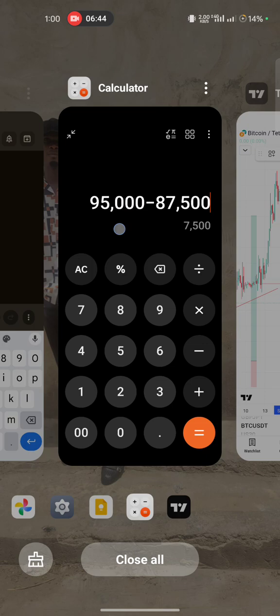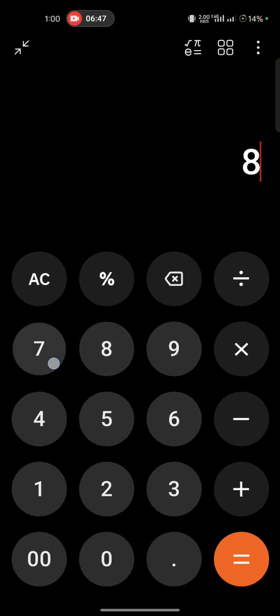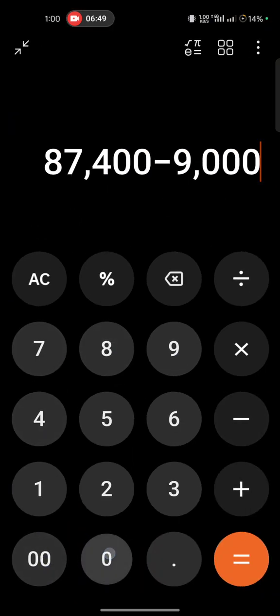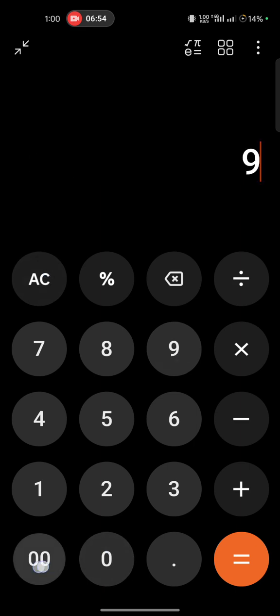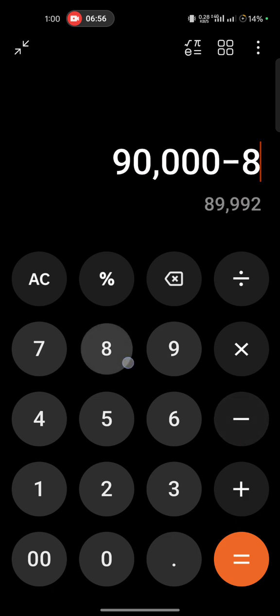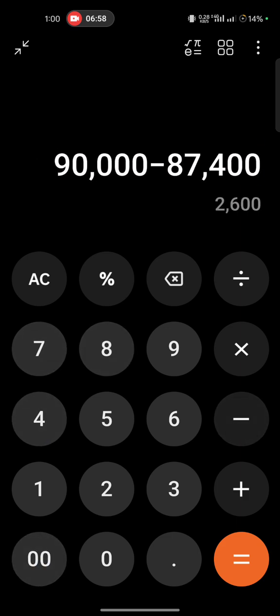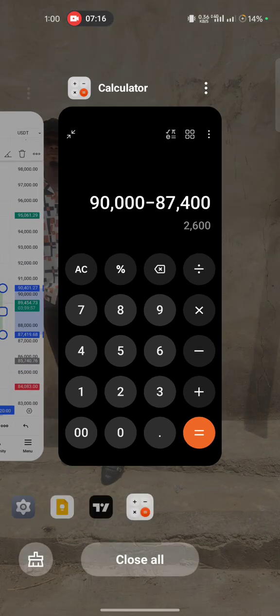So 90,000 minus 87,400 is 2,600. The market pumped 2,600. So if we remove a zero at the back of that 2,600, it means the market has pumped 260 pips. I hope you guys understand.